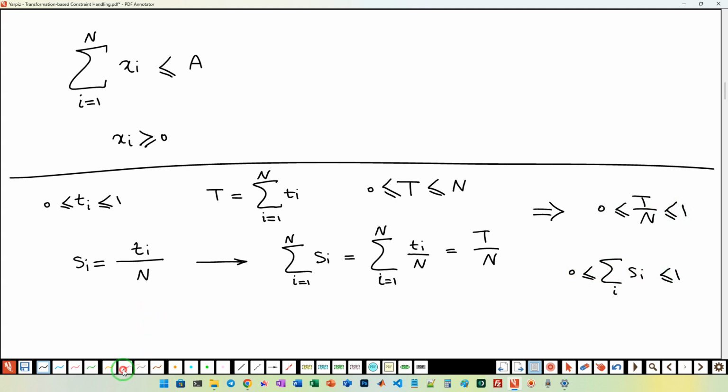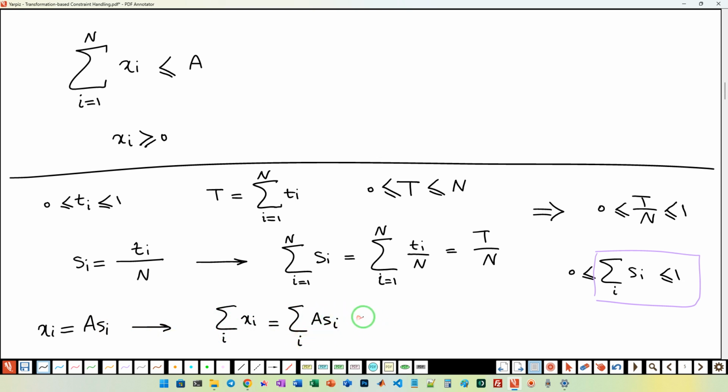And the important part is this part, because we know that si's are all non-negative numbers, and their summation must be non-negative. If we define xi equals to a si, then we can show that summation of these xi's, which is summation of a si, is less than or equal to a.